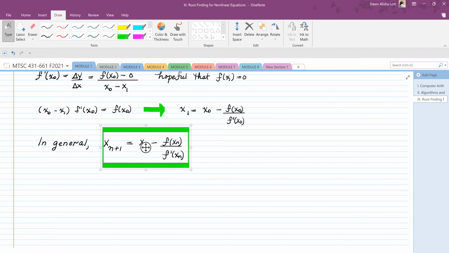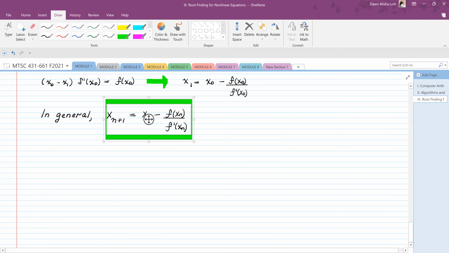You can alternatively derive it using Taylor's series as well.